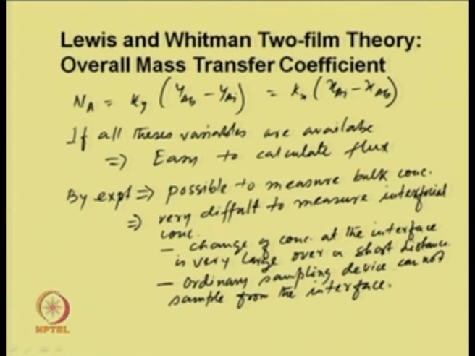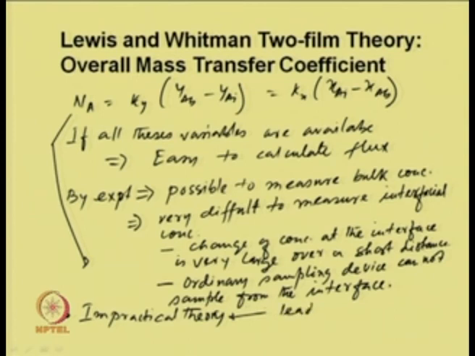So, the above relation for NA is not useful for mass transfer calculations. This means it is an impractical theory. Since the theory is impractical to calculate the flux, this leads us to obtain an alternate method.